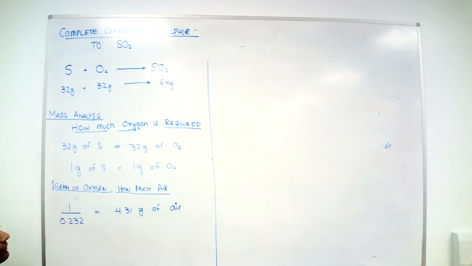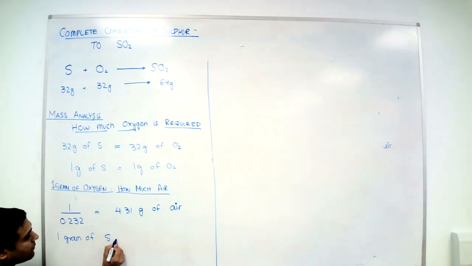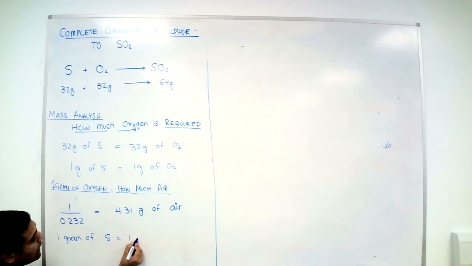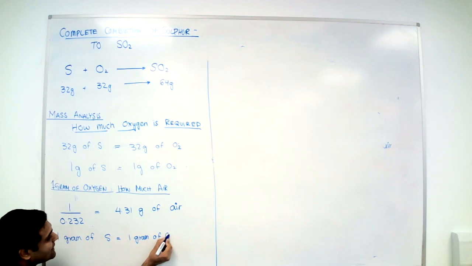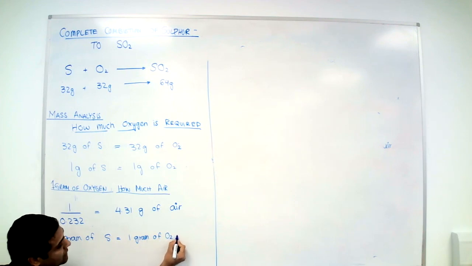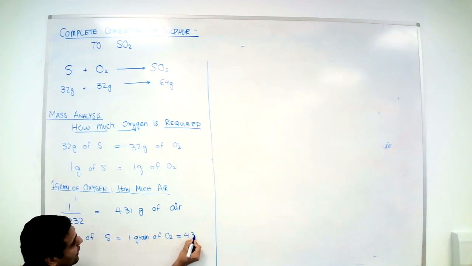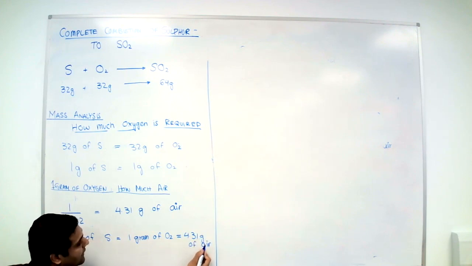It can be kilogram, it can be ton. So to burn 1 gram of sulfur, you need 1 gram of oxygen, which is present in 4.31 gram of air.